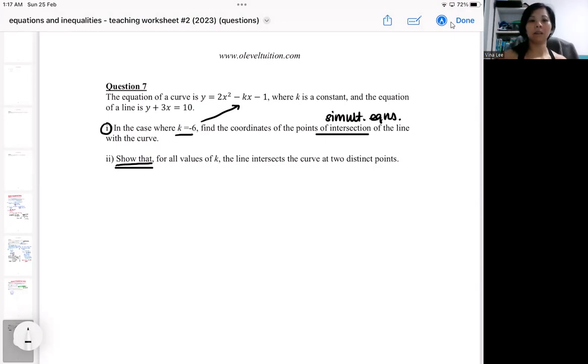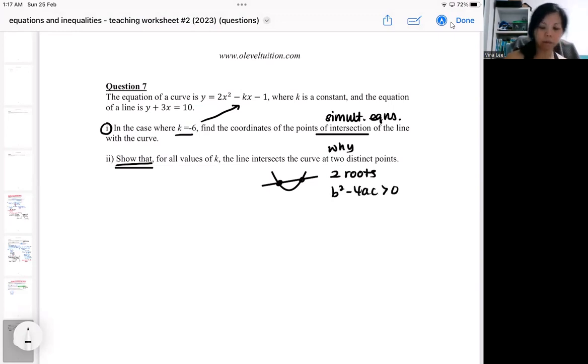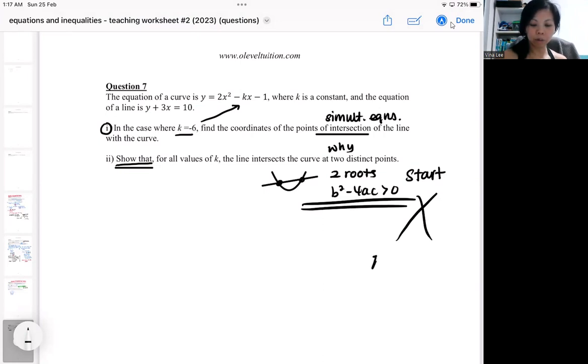We are trying to explain why the line will intersect the curve at 2 points, why there are two roots, why the discriminant is greater than 0. So you need to use the discriminant to explain. Do not start with this. If you start with this, then you get no marks.